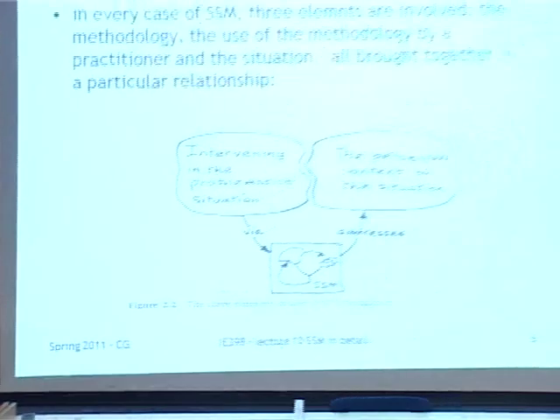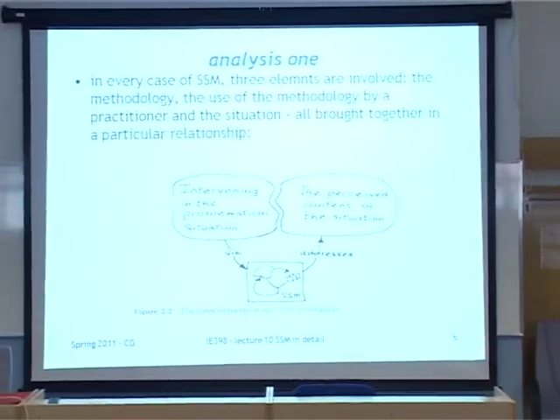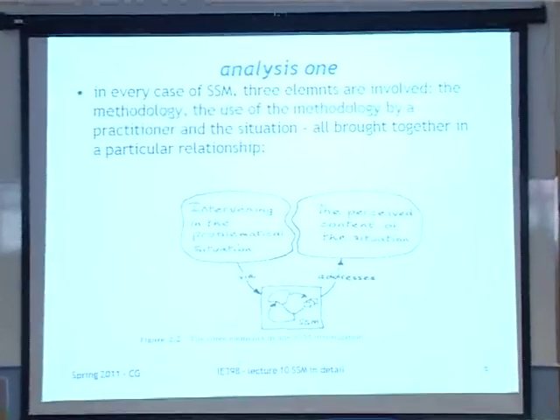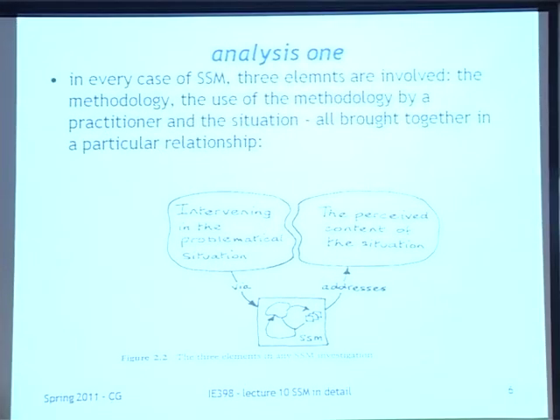Analysis 1: in every case of SSM, 3 elements are involved. The methodology, the use of the methodology by a practitioner, and the situation. There are these 3 aspects or components of every problem situation.